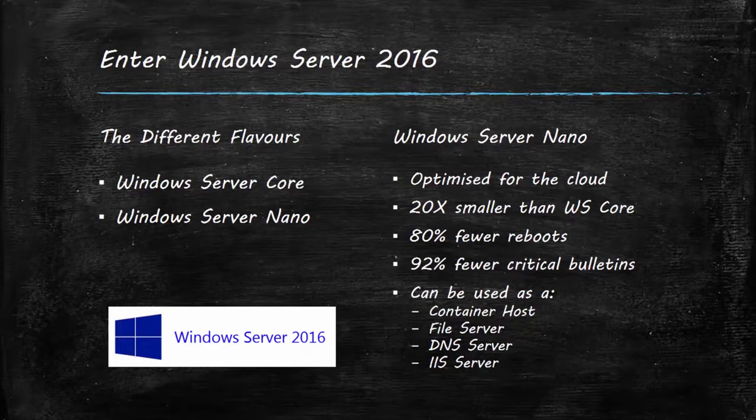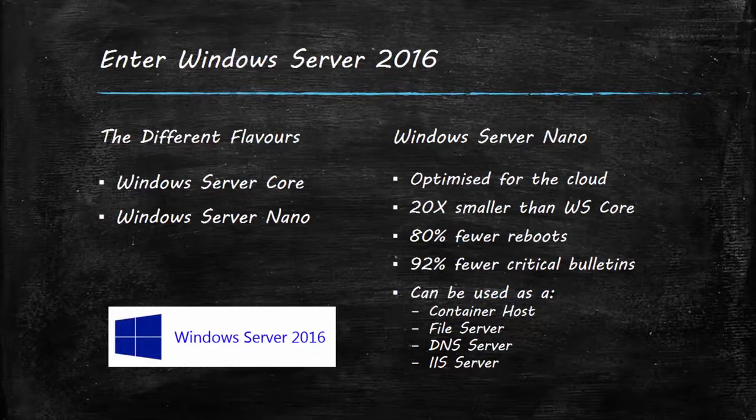So the whole server is only 400 megabytes. That's quite an achievement from something that started off as 3-4 gigabytes. It's 20 times smaller. These are stats from the marketing material and webinars. Because they've reduced the footprint, there are 80% fewer reboots required. That's a massive improvement. Because of that as well, 90% fewer critical bulletins.